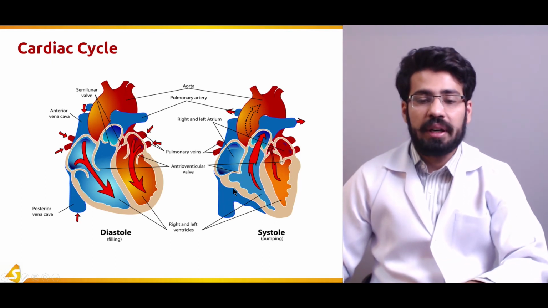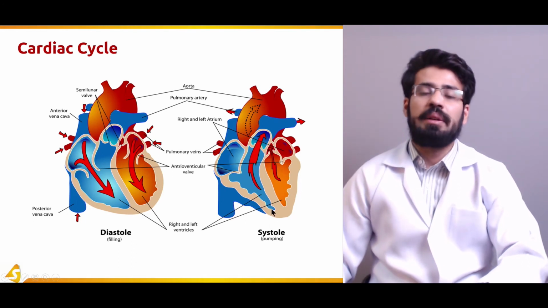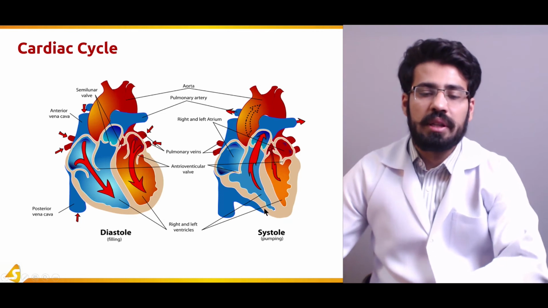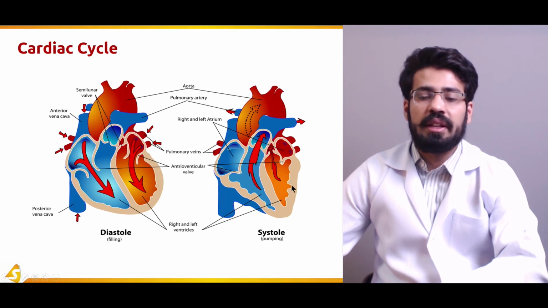One of the important points to consider is these are the valves of the ventricles, the ventricular muscles. It's important to note that the wall of this particular ventricle is much thinner than this particular wall.